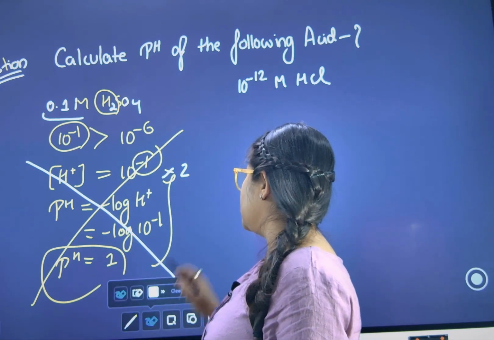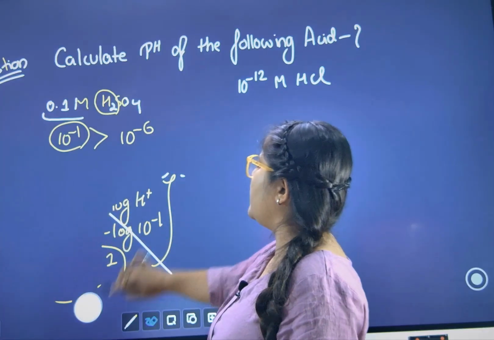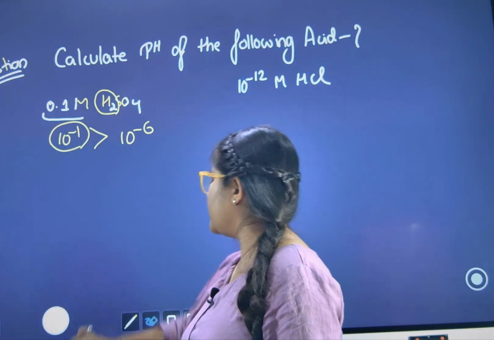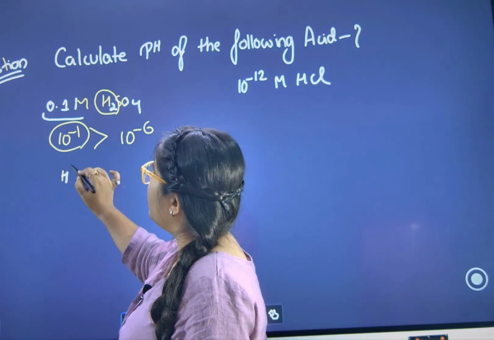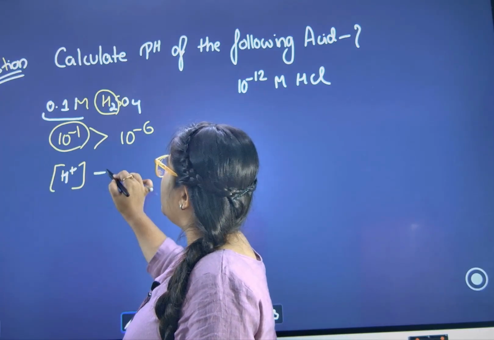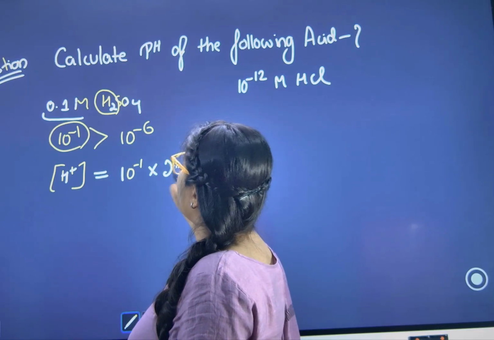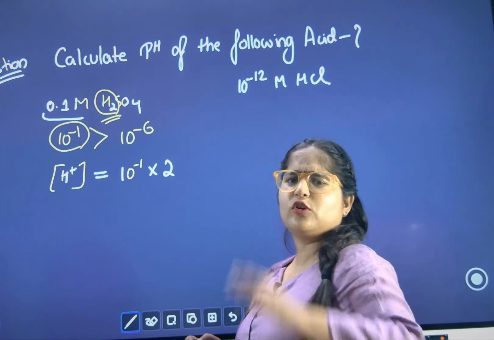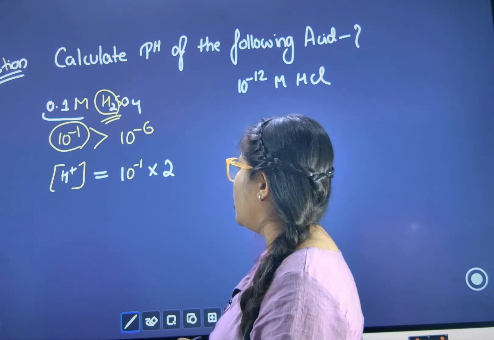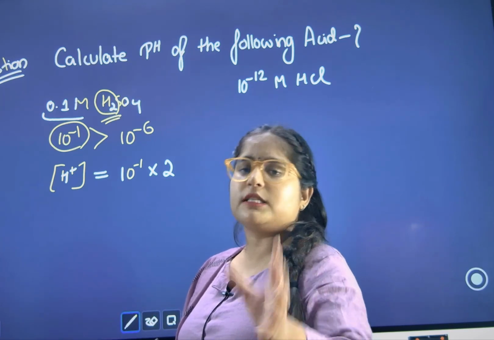Clear? Okay, let us solve here. H2SO4, 2 ions. Don't forget. So here our H ion will be equal to 10 to the power minus 1 into 2, because here there are 2 hydrogens. And I will tell you one very simple technique to solve log values.